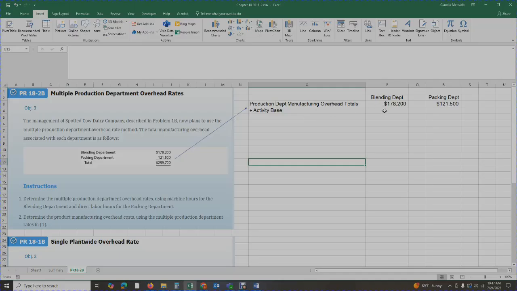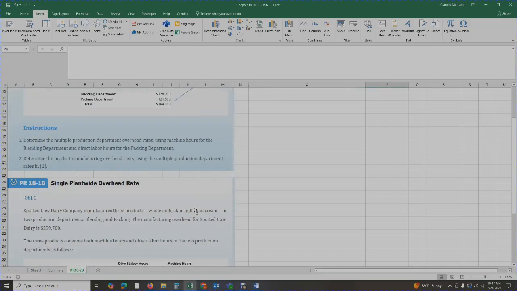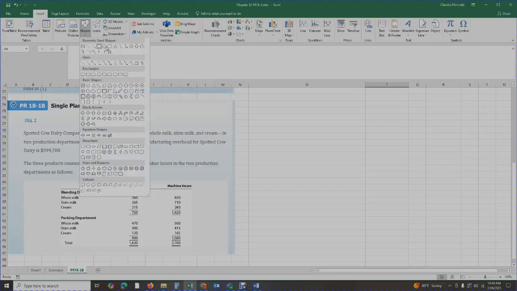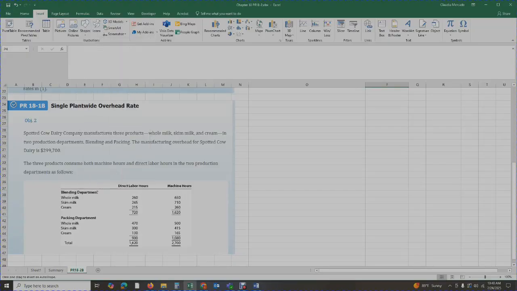So for the blending department, we're going to be using machine hours. So we're going to go to the data and look at machine hours for the blending department. This is where students sometimes get confused. We're looking at the blending department, and the allocation base is machine hours.